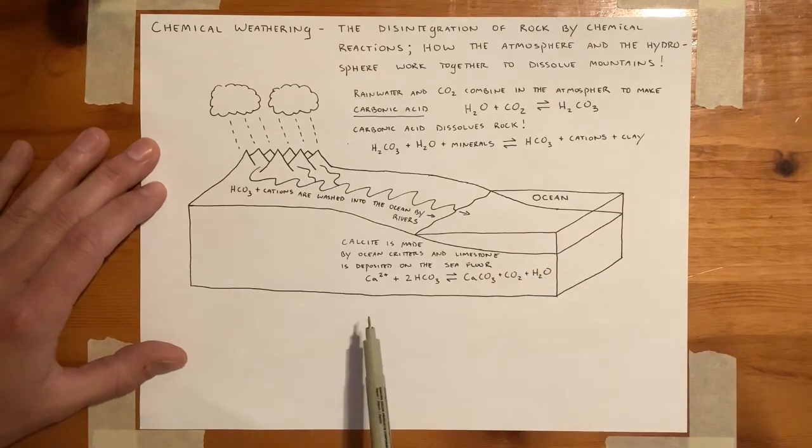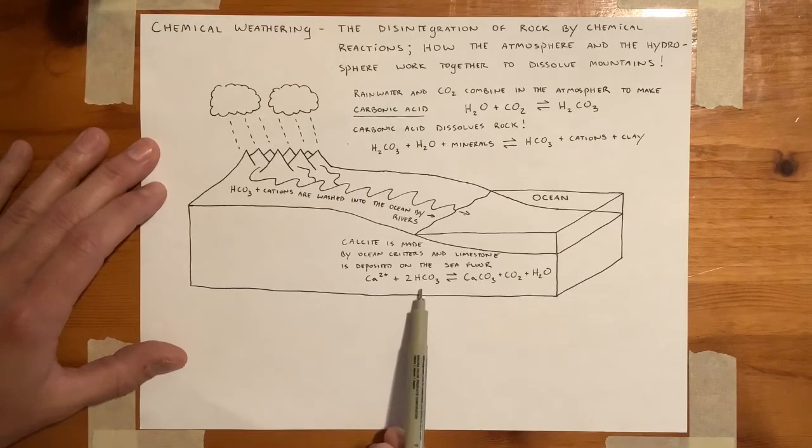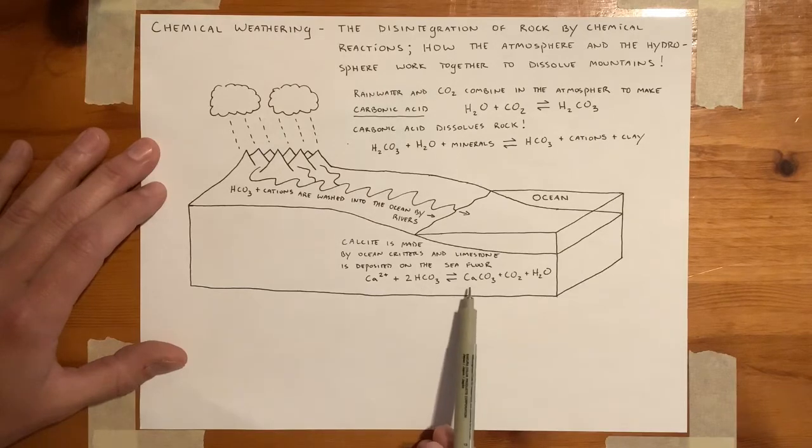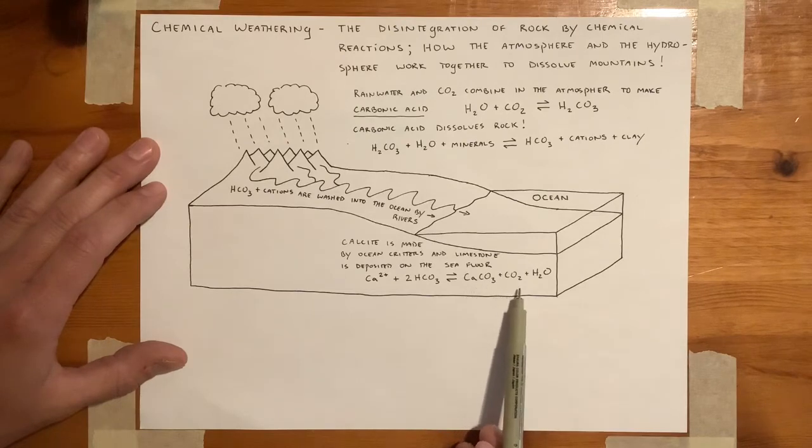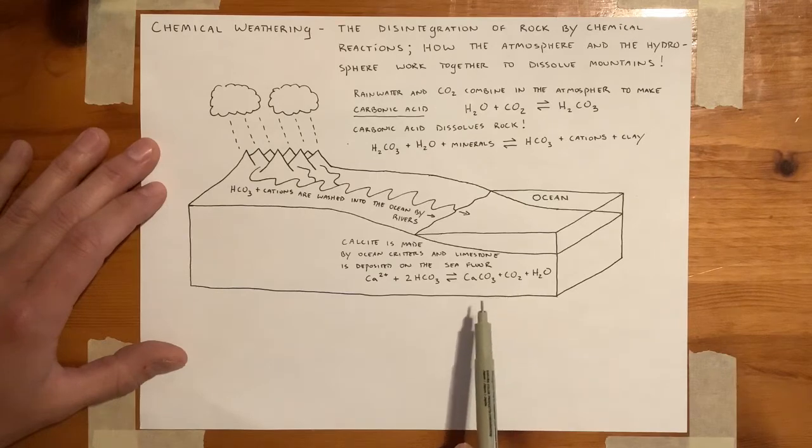So when critters make calcite in the ocean, the following reaction is used. The cation calcium is consumed along with bicarbonate to make CaCO3, the mineral calcite, which is limestone, and that also releases some CO2 and some H2O.